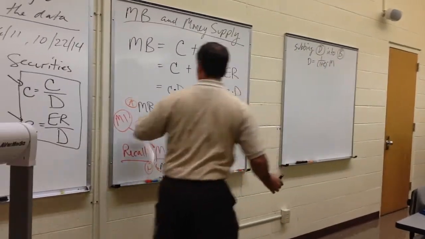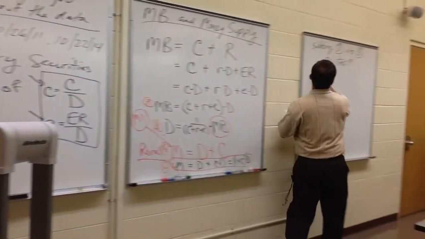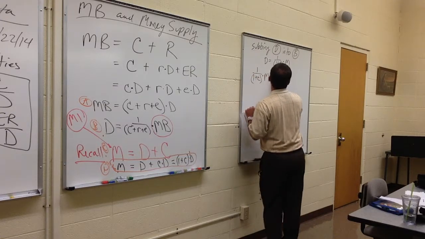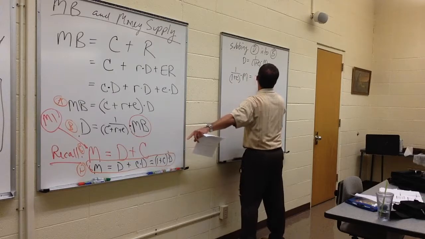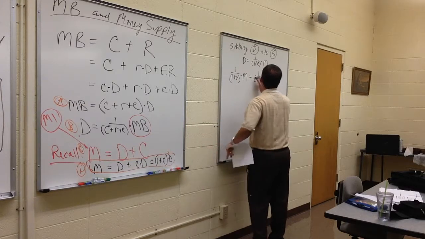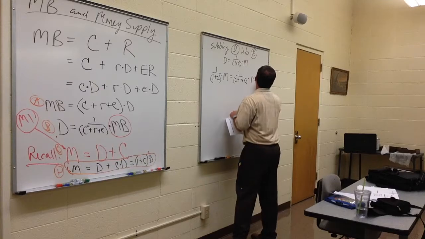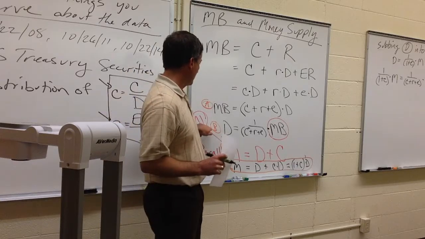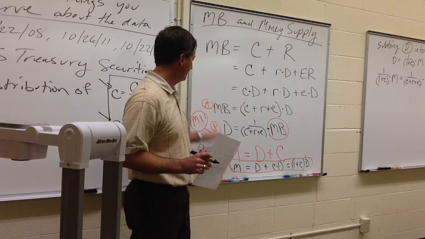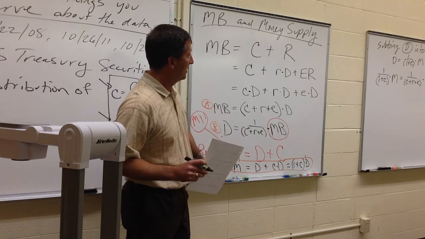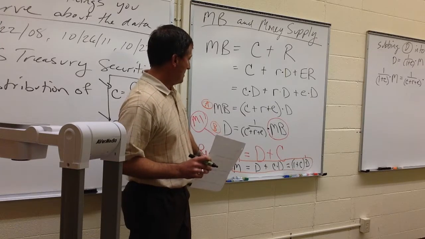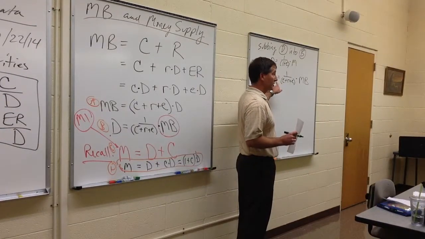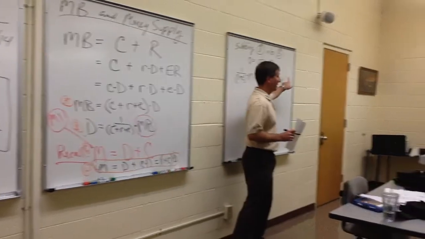And then we've got B telling us this. So we've got 1 over 1 plus C times M equals this ugly thing here, 1 over C plus R plus E times the monetary base. Equation B, yeah, sorry, I labeled these all A, B, C, D. What I'm looking for is a relationship between the money supply and the monetary base.